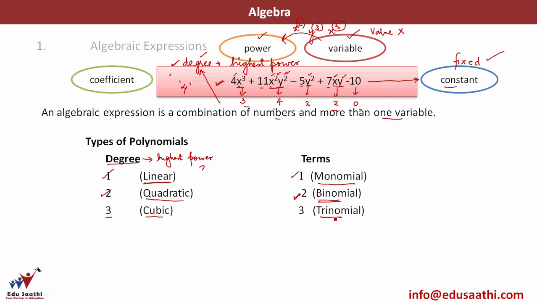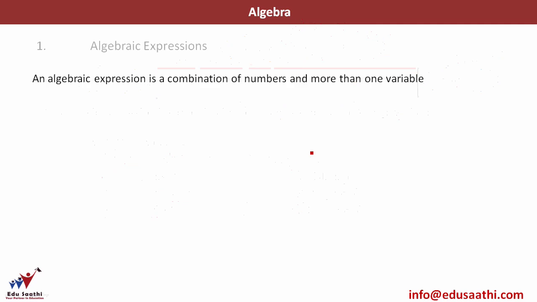If the number of terms in an expression is 3, it will be known as trinomial, and so on. So an algebraic expression is basically classified on two things. One is the degree, another is the number of terms. So let's move ahead and look at certain other properties of algebraic expressions.